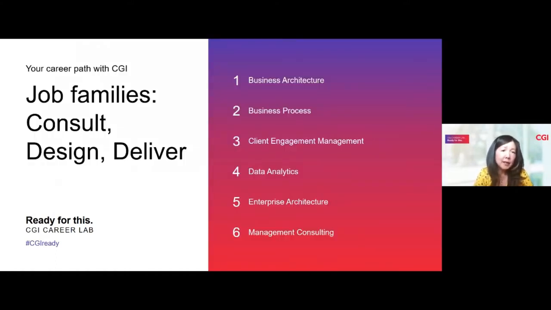Another category we talked about today is consult, design, and deliver. Here we have 12 job families associated with it: business architecture, business process, client engagement management, data analytics, enterprise architecture, and management consulting. What you'll see is a lot more of the technology related roles, going all the way from looking at current IT systems and identifying new systems that fit the organizational need right through to systems and applications.